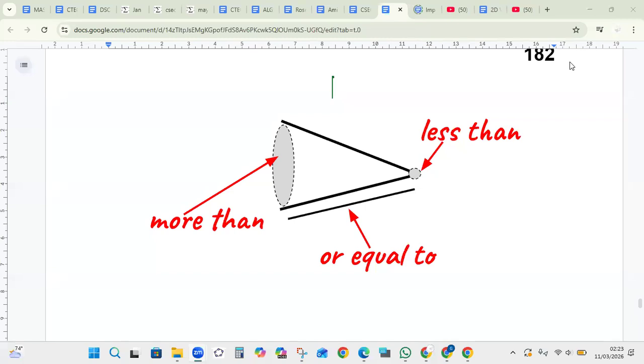Here's a more elaborate labeling of the inequality symbol. If there's an extra line, you say or equal to. If you see the point, you say less than. If you see the opening, you say more than. And the entire diagram is the inequality symbol.